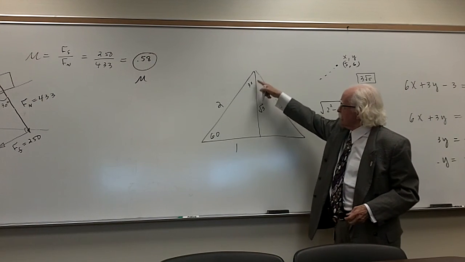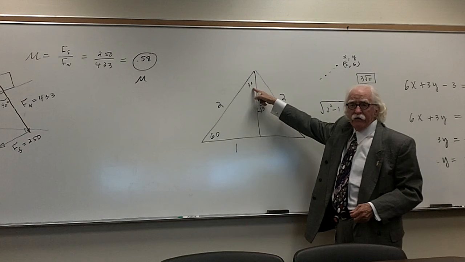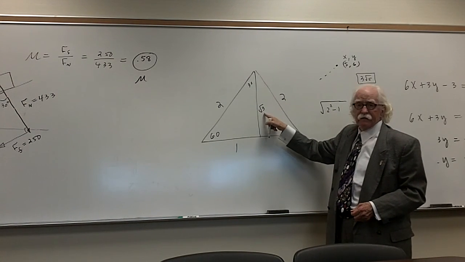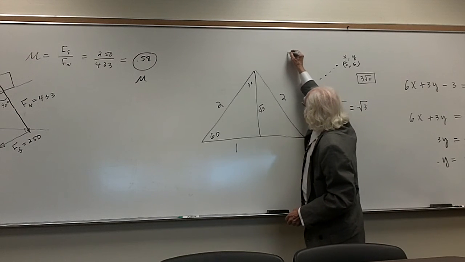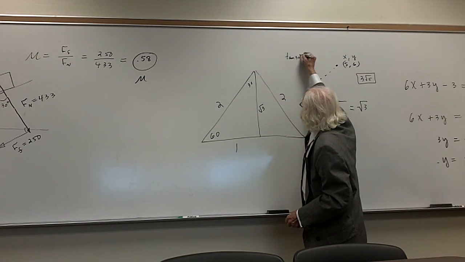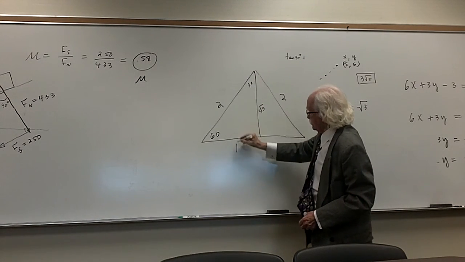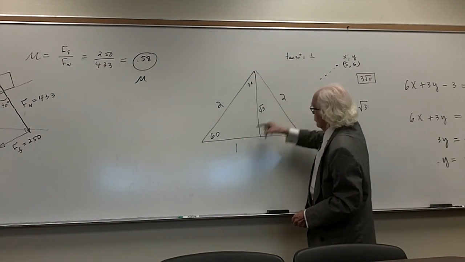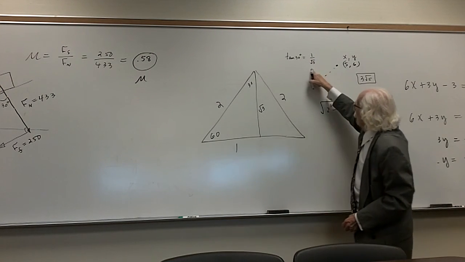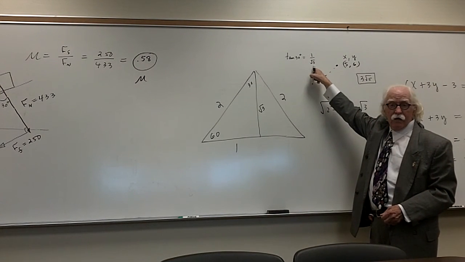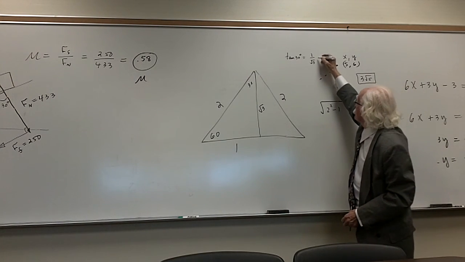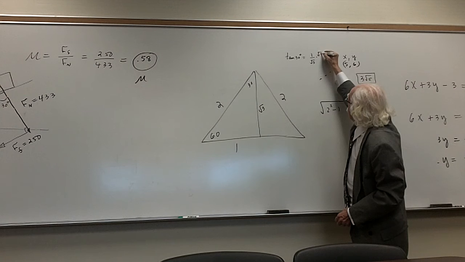If what he says is this, the tangent of this 30 degrees is this divided by this. In other words, the tangent of 30 degrees is opposite over adjacent, which is this. So what he did was rationalize the denominator, multiplying the top and the bottom by the square root of 3.